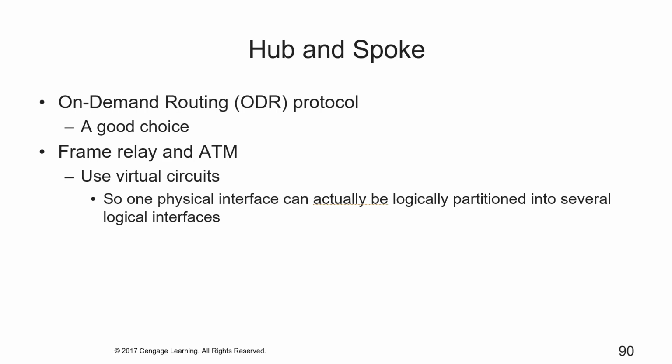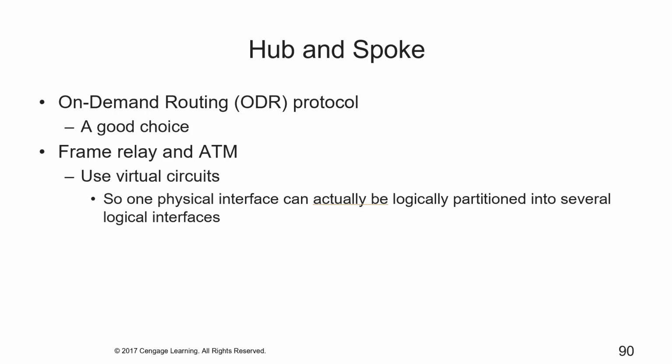If there's only one connection, or only one connection is used at any one time, you don't want to use bandwidth advertising all routes to each spoke, not to mention router processor and memory resources. So for routers on the ends of the spokes, all you need is a single default route that points to the hub. In this situation, on-demand routing, or ODR, is a good choice.